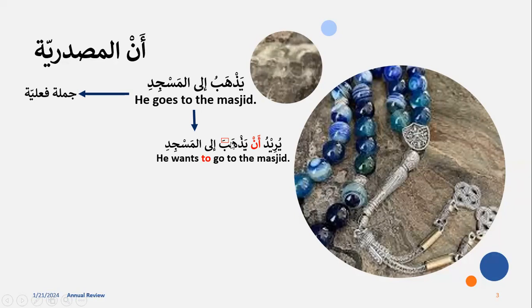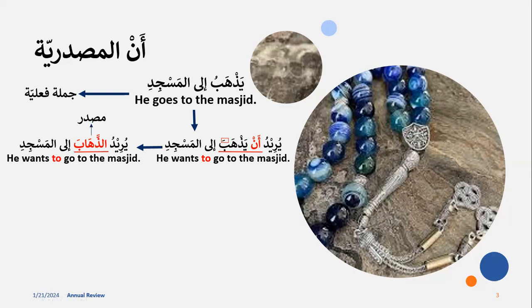That is the effect an has on it. And you can also put the masdar, az-zahaba, and this will be written as yuridu az-zahaba ila al-masjidi. If you see, the translations are the same.